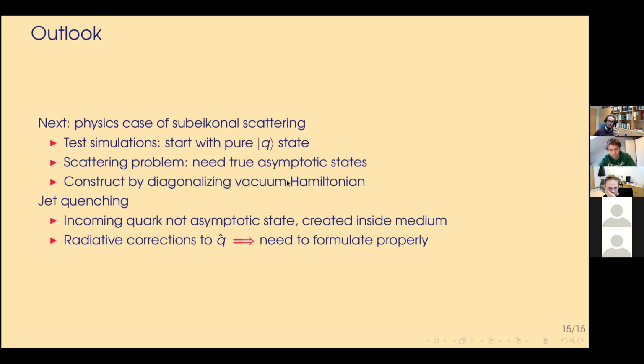These eigenstates will be superpositions of quark and quark gluon states. And in order to calculate a meaningful scattering cross-section, we're going to have such a true asymptotic state come in and interact with the background field. Then the background field stops, and then we have to project out again to the true asymptotic states to get the real cross-section. This is what we're working on now.